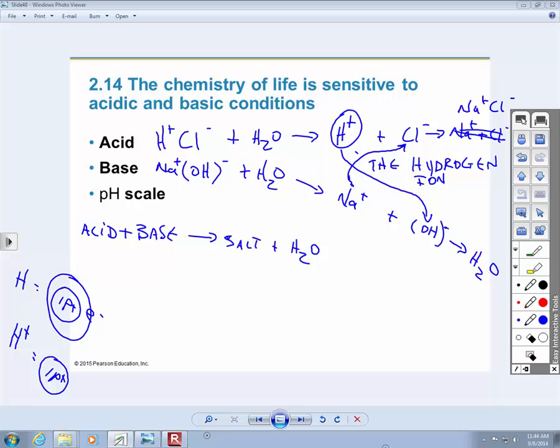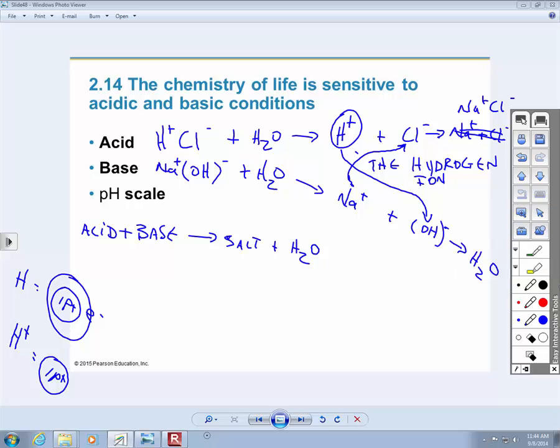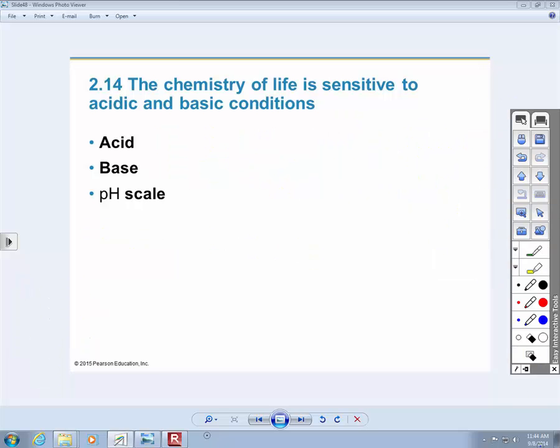Okay, let's talk about this pH scale. pH actually stands for, everybody have this? All right, good. pH means power of the hydrogen ion. Power of.